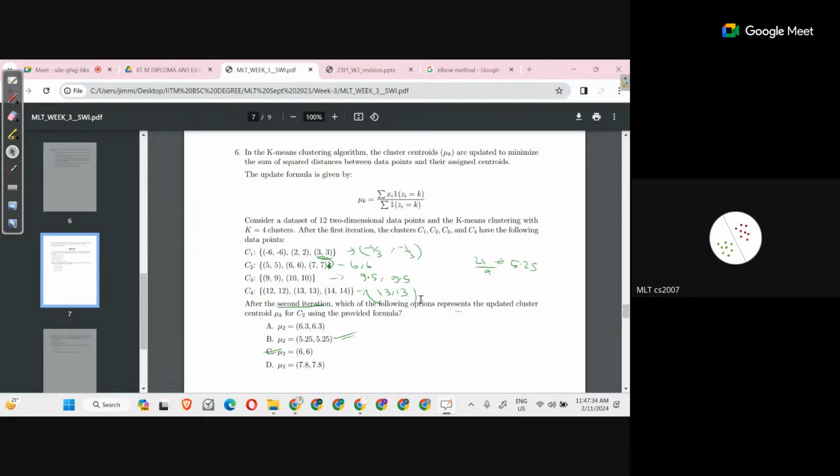So see, after the second iteration, we are not talking about the third iteration. In the second iteration, the centroid was 6 only, and here 9.5. From 9.5, it is 2.5 units away. So that's why it won't move in the second iteration at least.